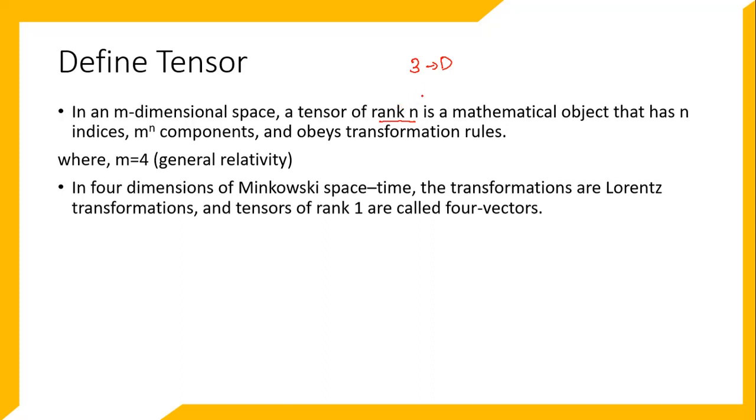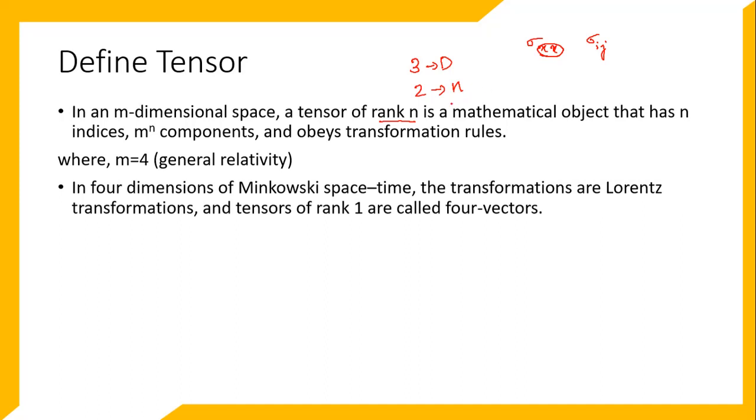In the case of the stress tensor, the rank is 2, because rank represents the number of integers we have, sigma ij. We have two integers, so we need at least two basis vectors to represent one component of the tensor. So here the rank is 2.